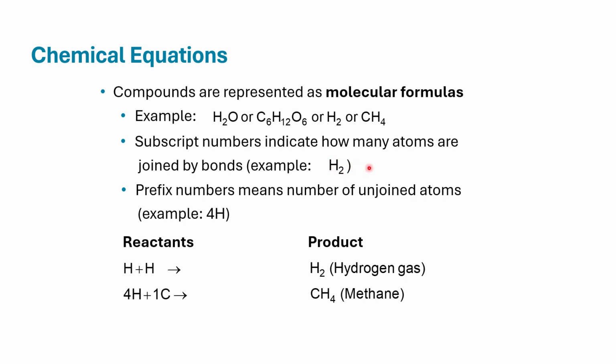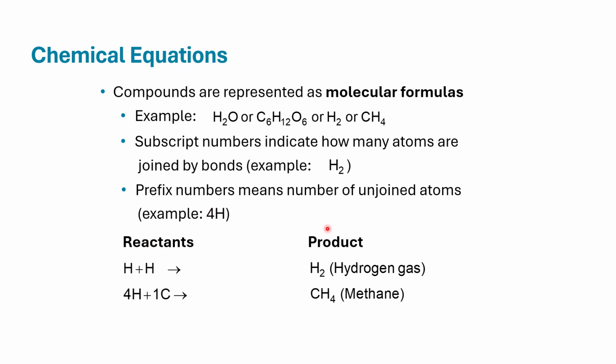There's an H and then a line and then an H. Prefix numbers mean they're not joined. So if it's 4H or 2H, that would be separate hydrogen ions. Okay, so once again, H2 means they're connected. 4H or 2H would mean they're separate. They're not connected.